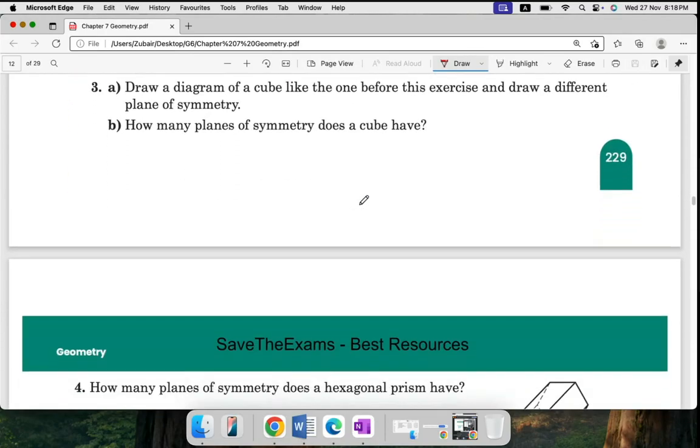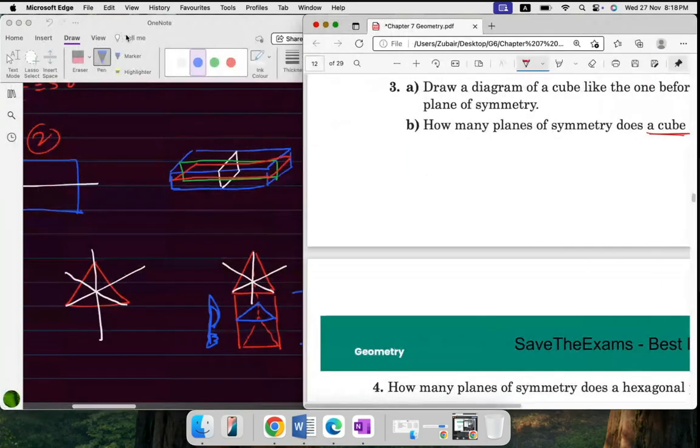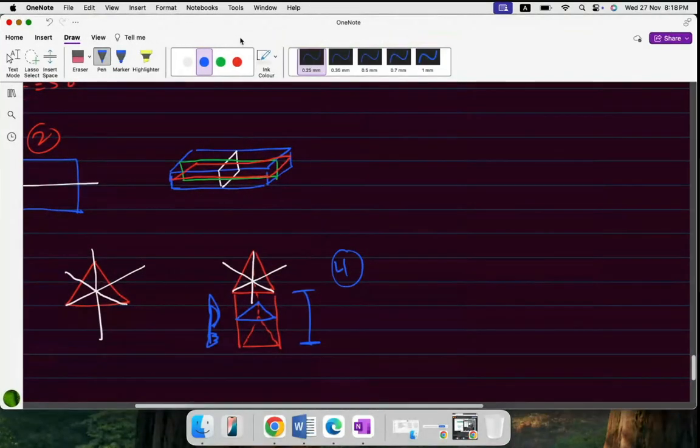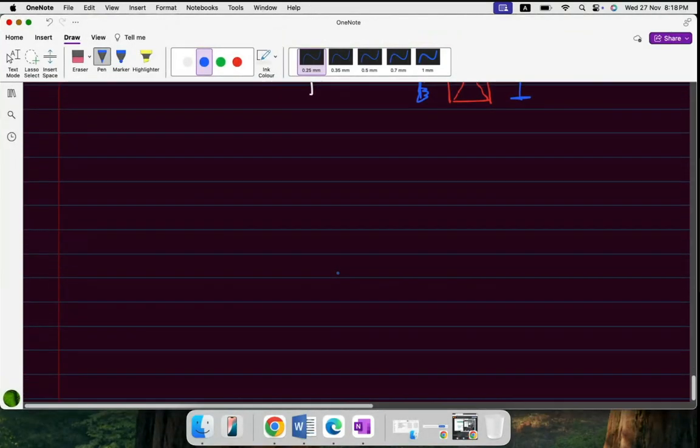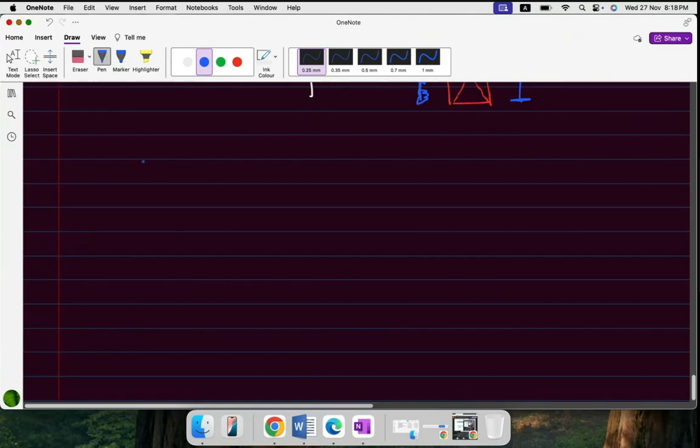Question number three. Draw a diagram of a cube like the one before this exercise and draw a different plane of symmetry. How many planes of symmetry does a cube have? Okay. I just told you that we'll have 9 planes. Let me try and draw a better cube and show you 9 planes.